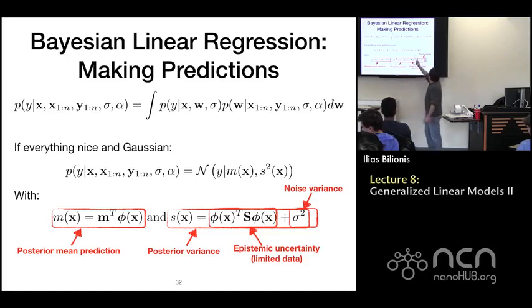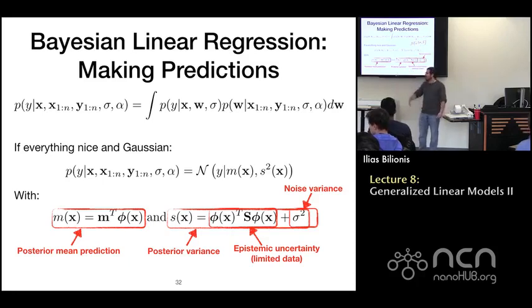Before I talked about this thing right here, which was the posterior of the weights. It was given as a multivariate Gaussian with a mean and the variance that I said you calculate like that. But now I'm using this result to make predictions. So this is the best you can say about the parameters of your model.